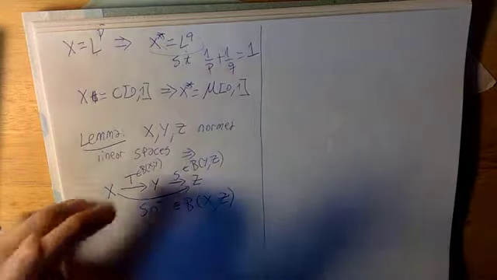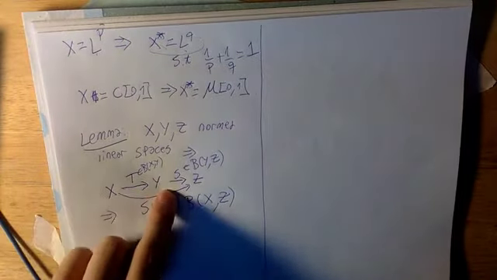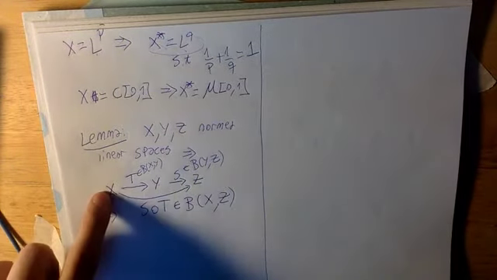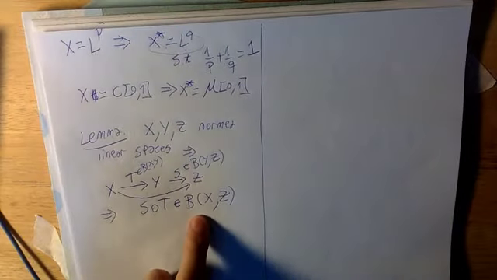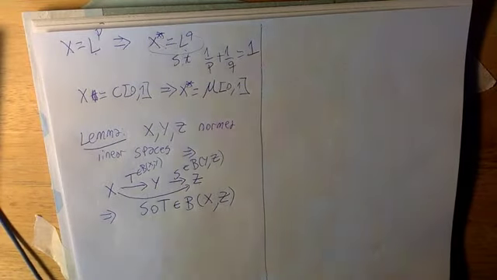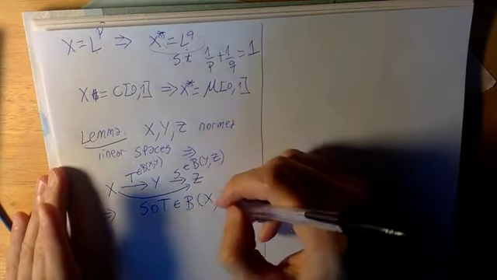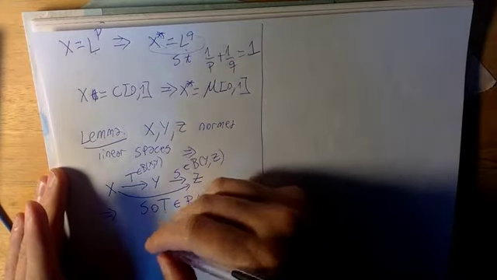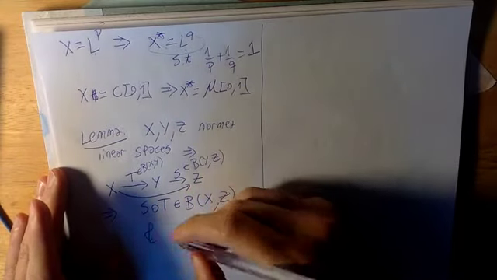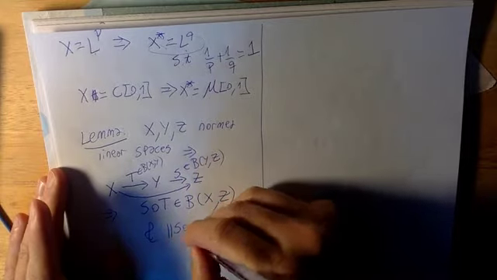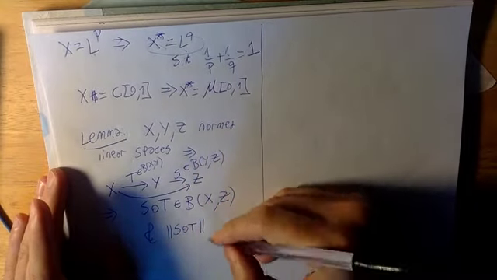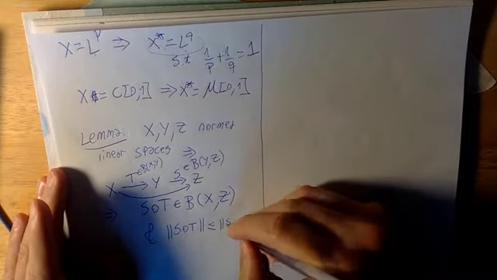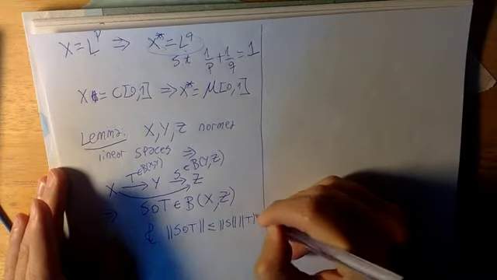So if you have something that sends X to Y and something that sends Y to Z, then the composition will send something from X to Z. So this is also a bounded linear map, and we have that the norm of the composition S∘T is less or equal than the norm of S times the norm of T.